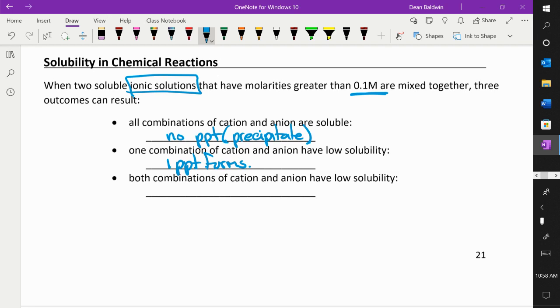That's a precipitate forming. That's the second one. 1 cation and 1 anion form a precipitate and fall out of solution. But sometimes you can get both. You can have both combinations and you'll get 2 different precipitates forming. And it's all based on the table.